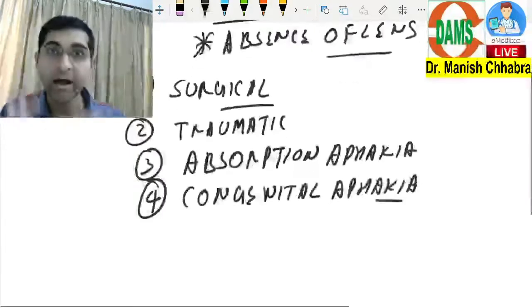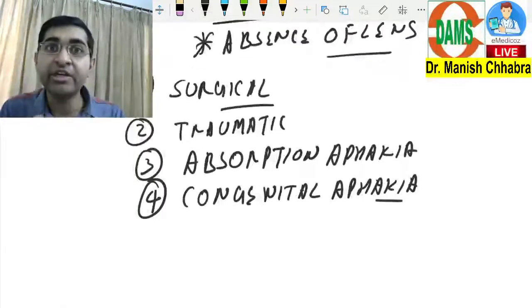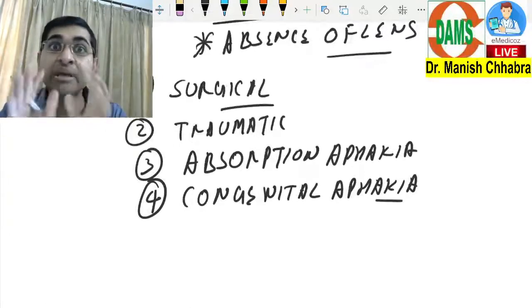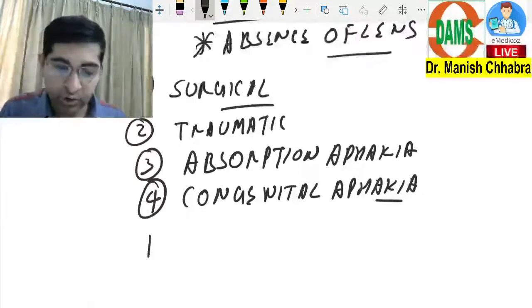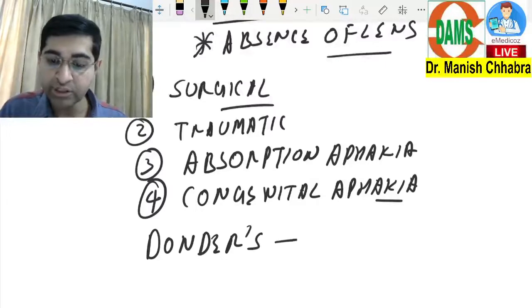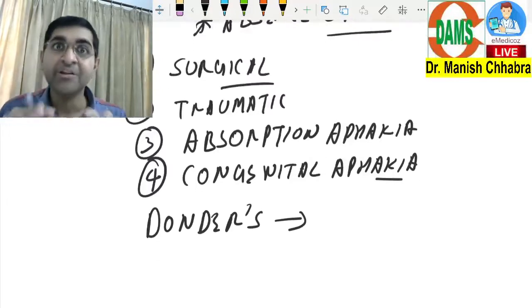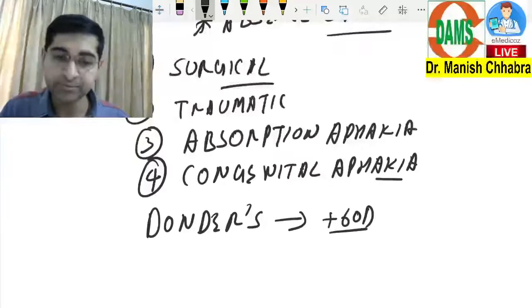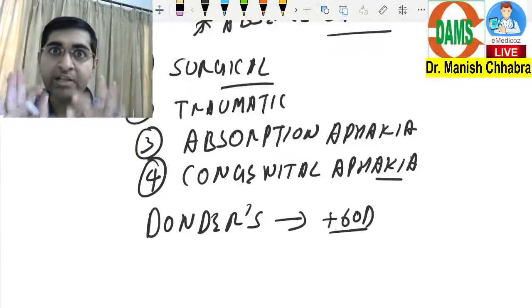Now, what happens in aphakia is due to absence of the lens, and we all know that the lens imparts some power to the eye. What do you understand by Donder's reduced eye? As per Donder's reduced eye, the power of the eye is plus 60 diopter, right?